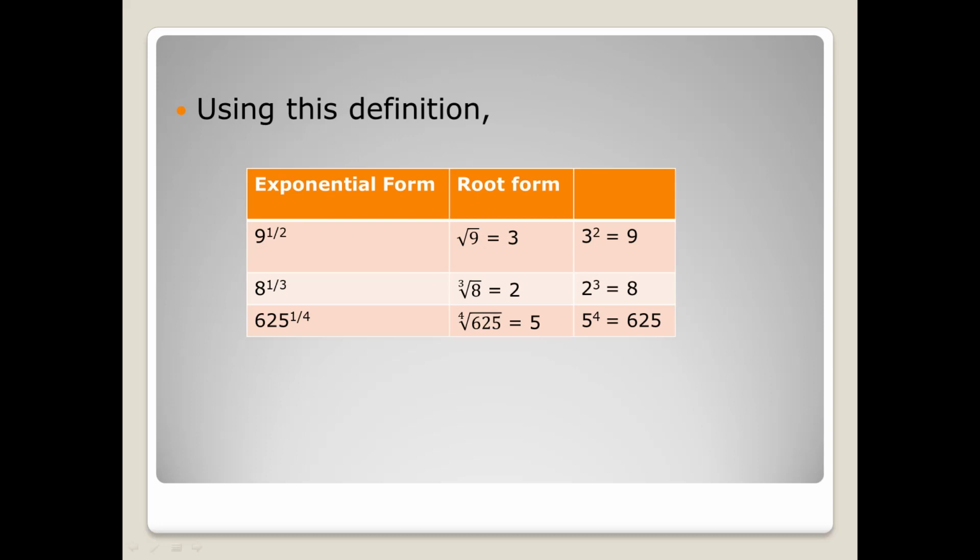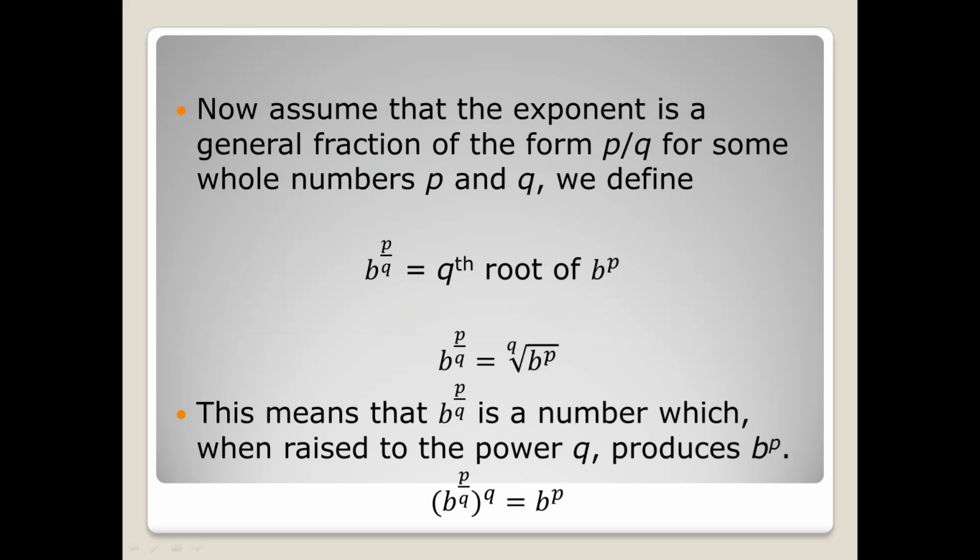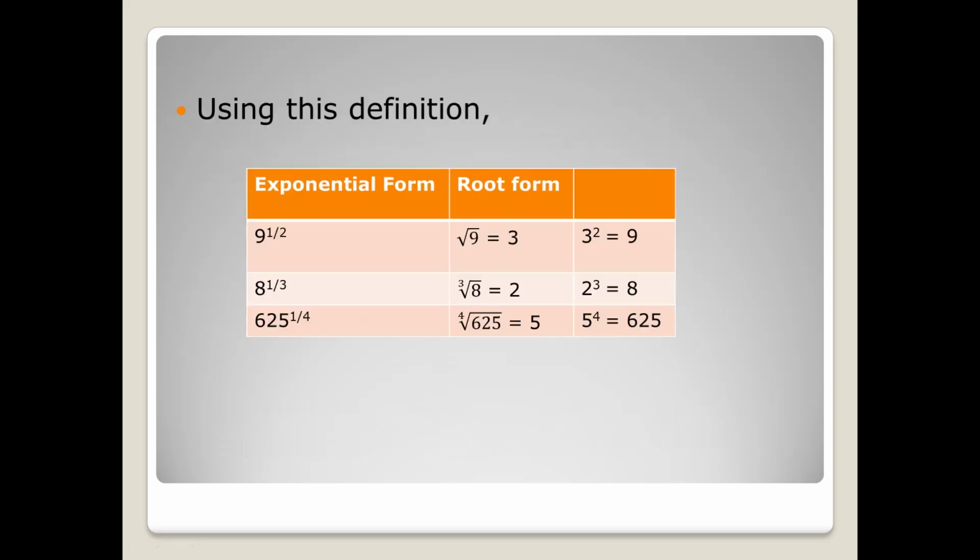Another example is 8 to the power of 1 over 3. This is the cube root of 8, which is equivalent to 2. 2 to the power of 3 equals 8. Or if we raise 8 to the power of 1 over 3, to the power of 3, we will get 8.